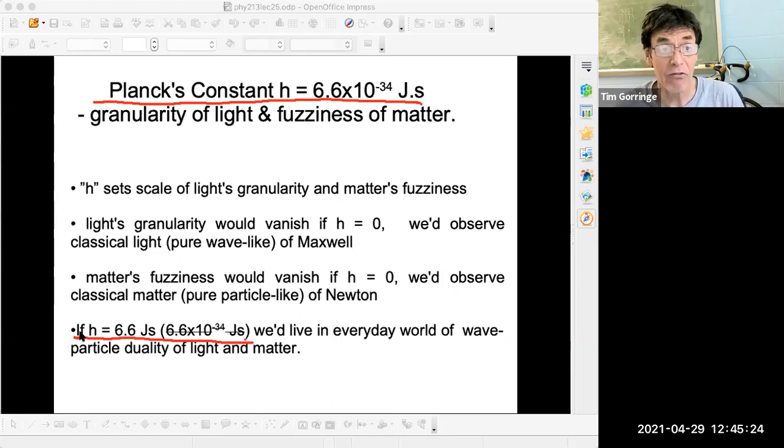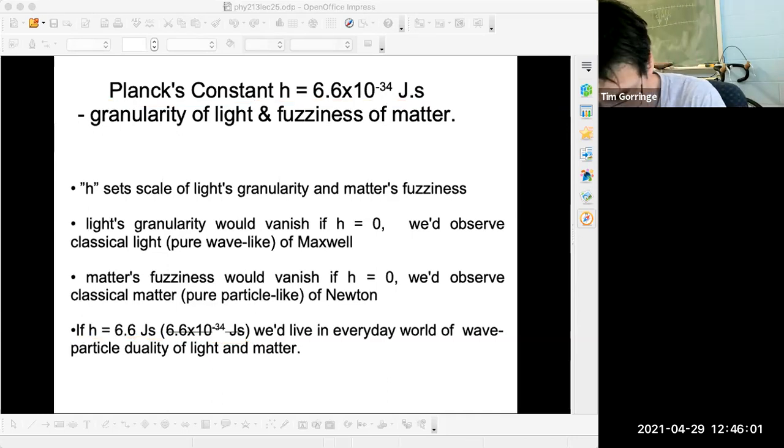We would see in our everyday lives that everything would have wave-particle duality. We would have been much more familiar with this notion of entities having both wave and particle-like properties. It would just be our everyday experience, rather than seeming so strange, so bizarre, so peculiar that at the quantum level light has particle-like properties and matter has wave-like properties. So that's Planck's constant.